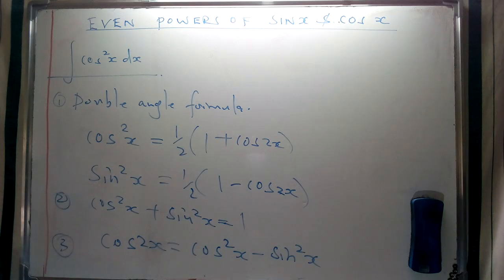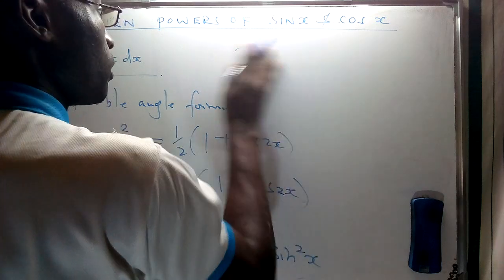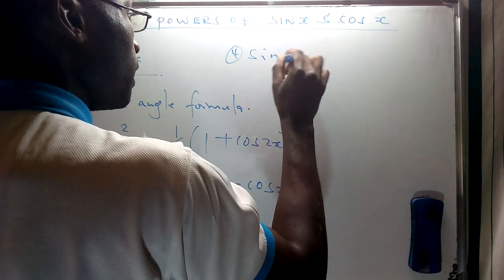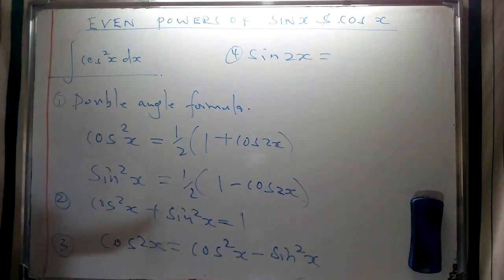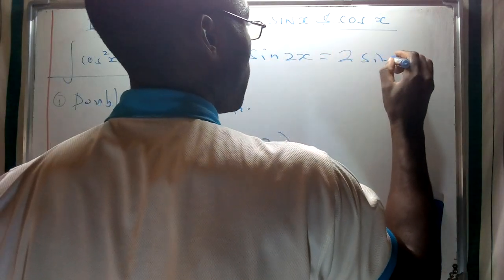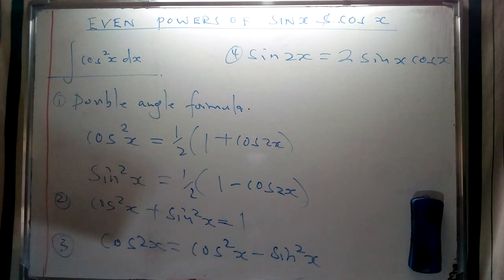And lastly, number 4, the sine of 2x is going to be given as 2 times the sine of x times the cosine of x.